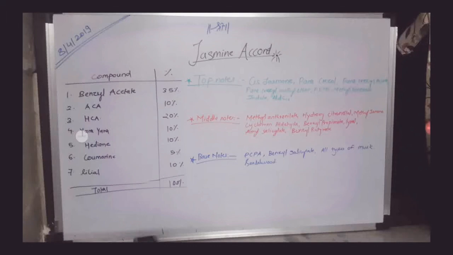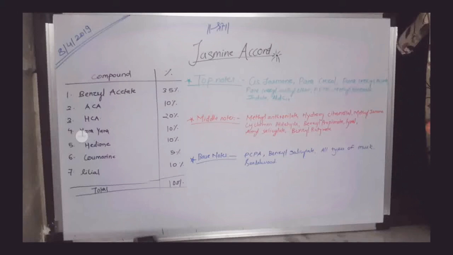Next is the middle note, which is nothing but your heart note. The top note is like a head note, and the base note is the base which will last longer. Before I forget to mention, the top note lasts for a few hours, the middle note lasts 3 to 4 hours, longer than the top notes, and the base note lasts longer than the upper notes, top and middle.